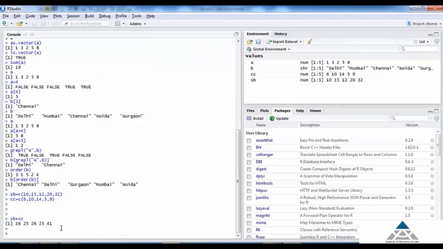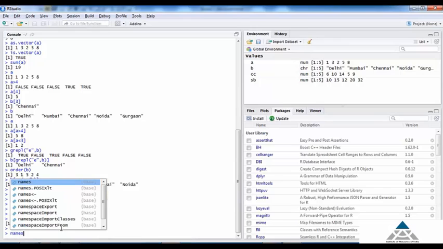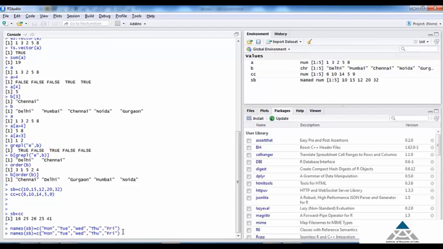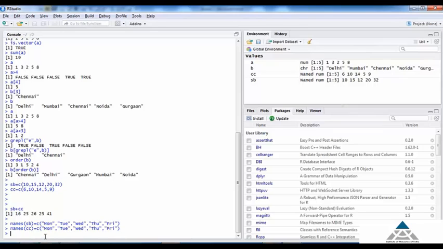Now what we want to do is give a header name to all the elements in SB. So we write names, put SB in brackets and put that equal to Monday, Tuesday, Wednesday, Thursday and Friday. We do the same thing for the CC vector. Now when we execute SB, we get this result.